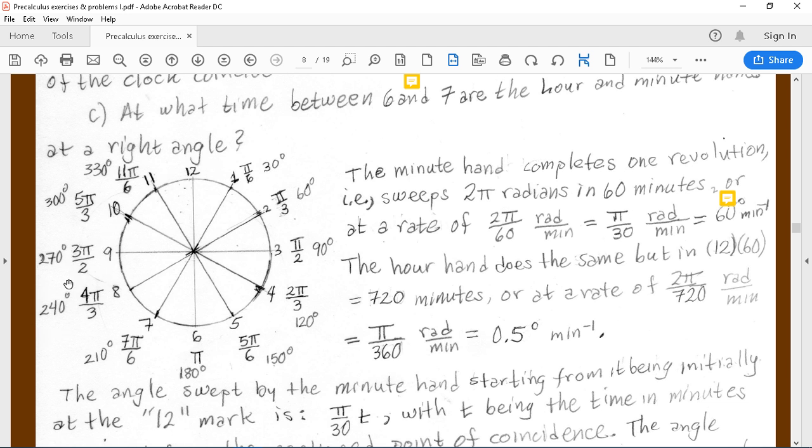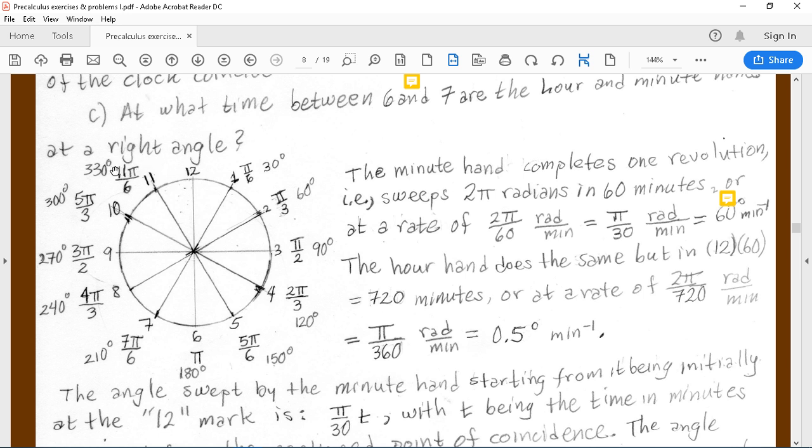The 9 mark is 3 pi/2 radians, or 270 degrees from the 12 mark, considering that the motion of both hands is towards the right, that is in the dextral sense. The 10 mark is at 5 pi/3 radians, or 300 degrees with respect to the 12 mark.